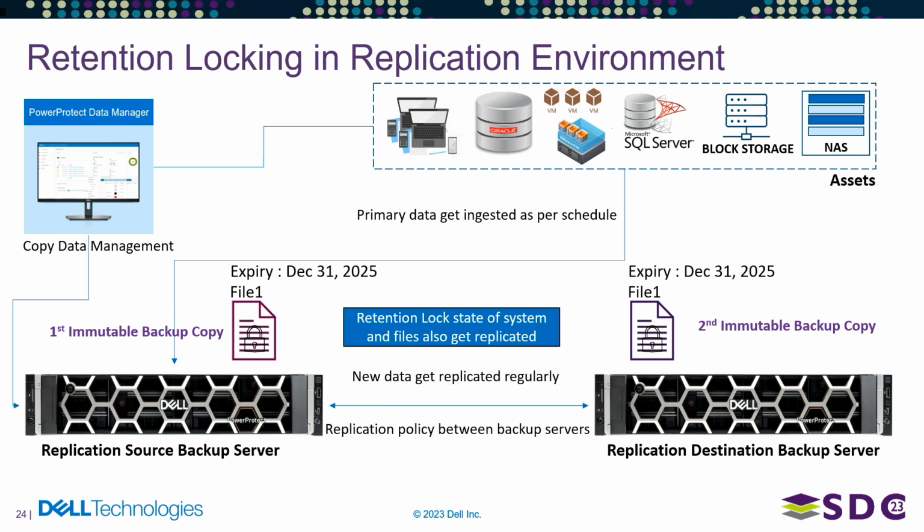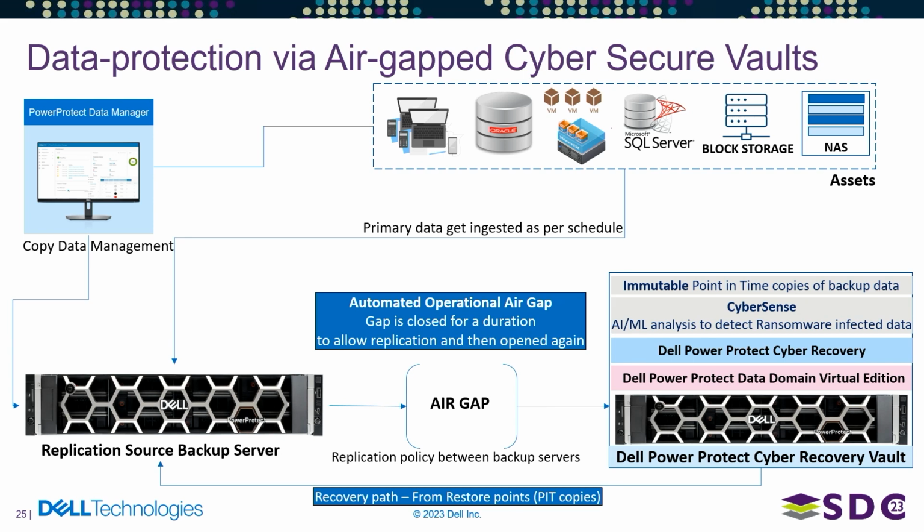If you have a 2-copy situation, they detect all the replication destinations, and they go to those first. And that's why, if the data gets encrypted here and you have replication turned on, the same bad encrypted data will land here, and it's of no use. And that's why the air gap is becoming very popular.